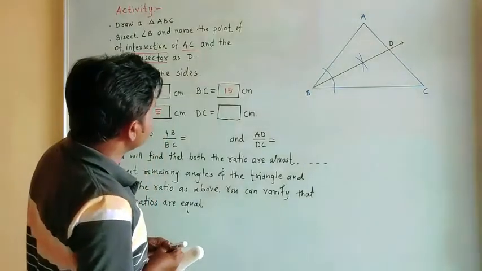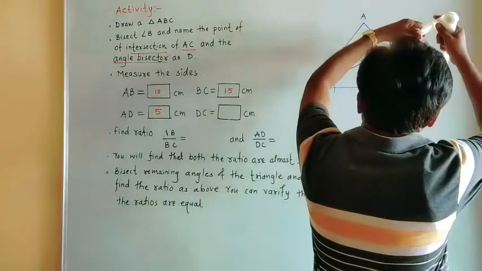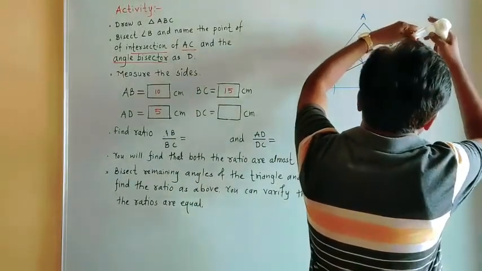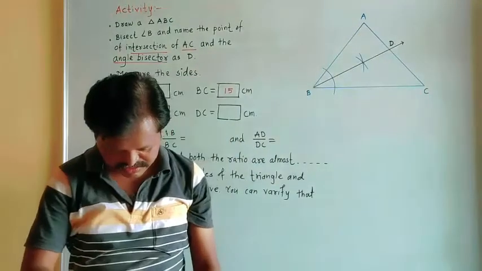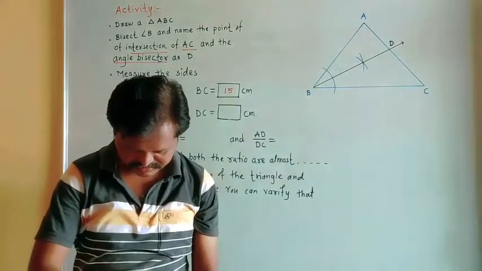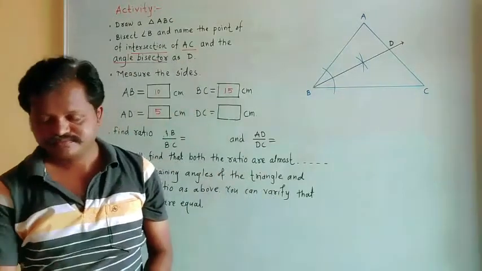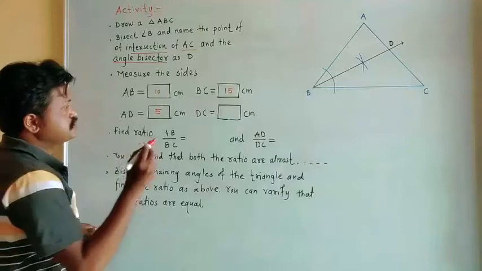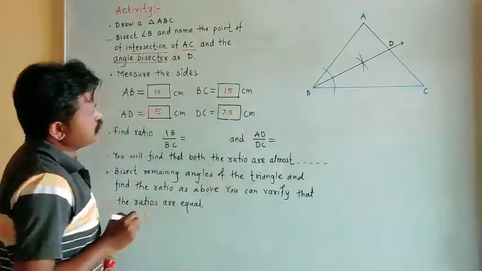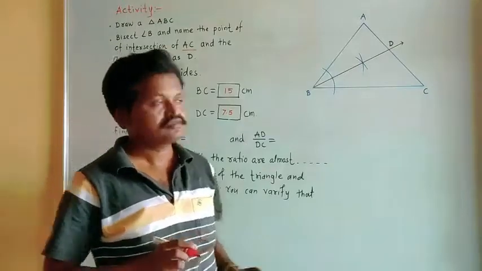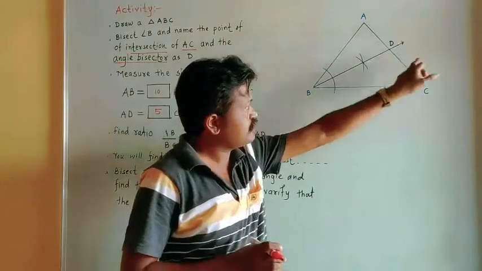And then you measure DC. Look here, I measure this DC, and it is 7.5. So as like we measure the sides AB, BC, AD and DC.